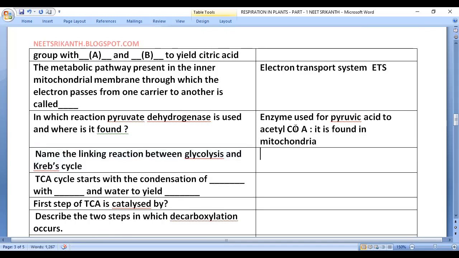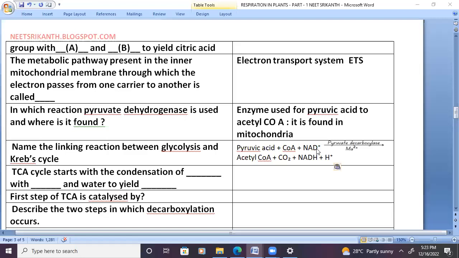Name the linking reaction between glycolysis and the Krebs cycle. Pyruvic acid, coenzyme A, and NAD plus, in the presence of pyruvate dehydrogenase and magnesium ion, give the products acetyl coenzyme A, carbon dioxide, and NADH plus H plus.